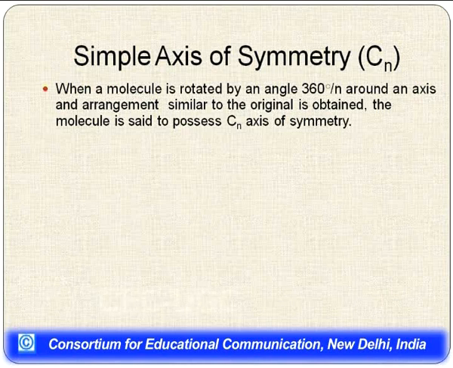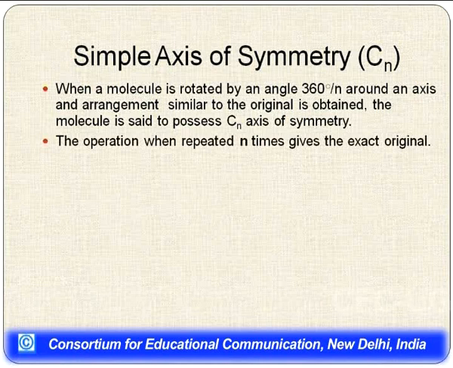We rotate by an angle of 360 degree by n around an axis, and get an arrangement which is similar to the original. Similar to the original means that it is not exactly the same one, but similar. So, you would get it when I explain with the example.